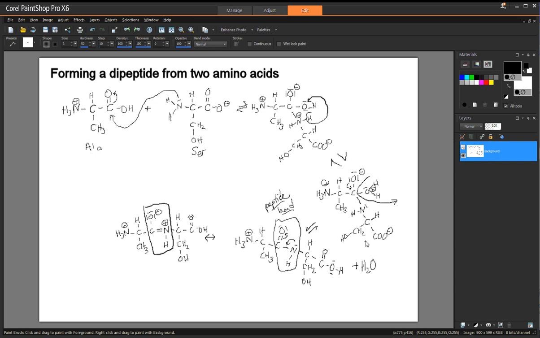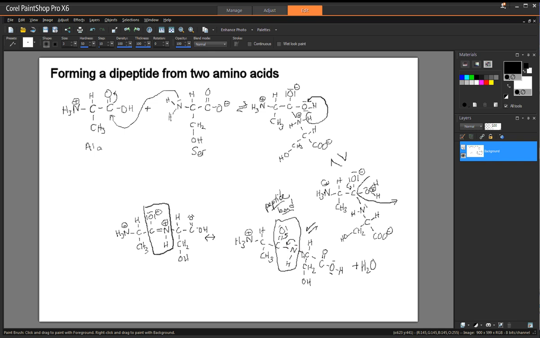So a couple things to remember here. This is the nucleophilic attack of the amino group on the carboxylic acid group, and we condense out water and we make a peptide bond. The other thing to be very cognizant about these peptide bonds is that carbonyl carbon and that imido nitrogen, that bond between them has a very, very strong double bond character, which causes that system there to remain flat and planar and not rotatable.